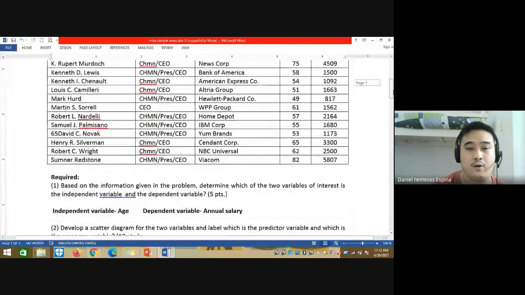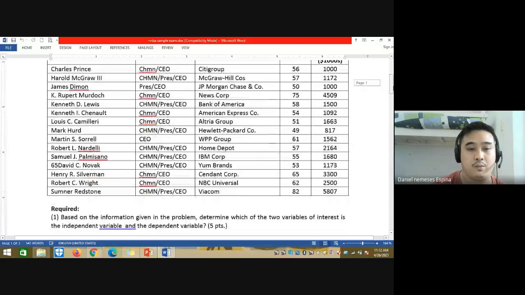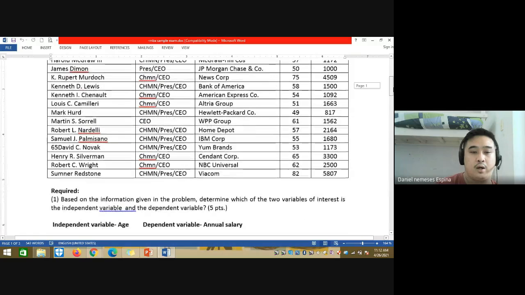For question number one, based on the information given in the problem, which of the two variables of interest is the independent and dependent variable? In this case, our independent variable is the age of the executives, while the dependent variable is the salaries, their annual salaries.